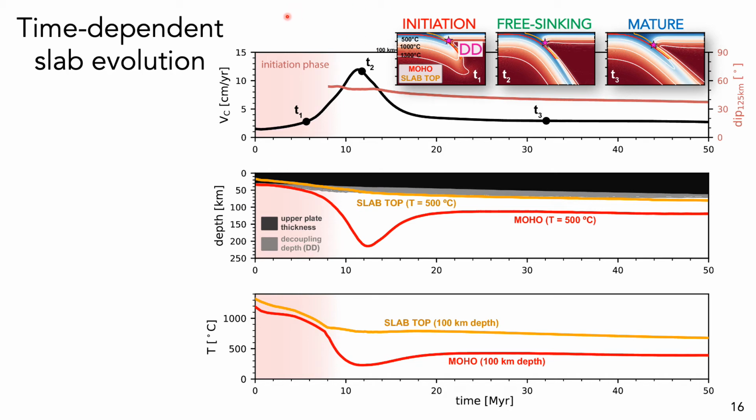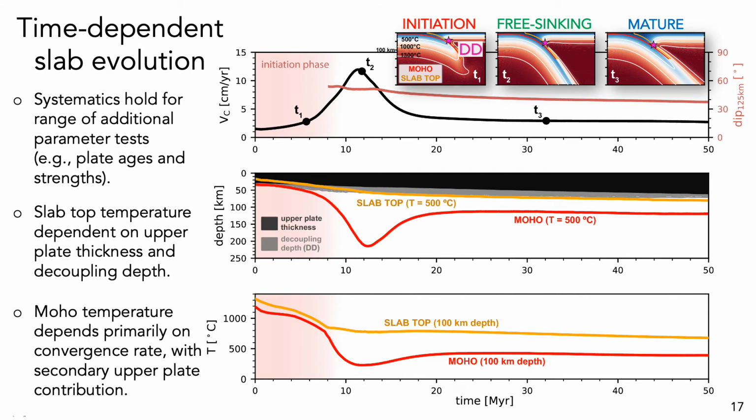What happens is the decoupling depth, which is basically the vertical extent of the cold and stiff mantle wedge corner, increases as the model evolves and the upper plate thickens thermally. And this thickening produces more and more cold material above the slab, which in turn is responsible for this gradual cooling trend of the slab top as the model evolves.